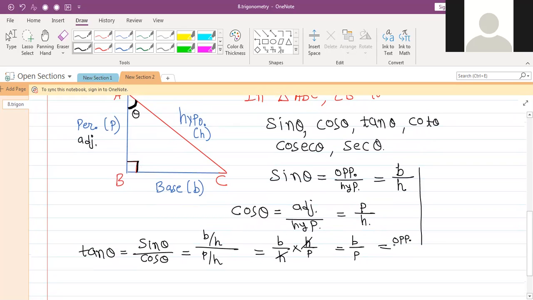In textbooks they use opposite upon adjacent. Understand?